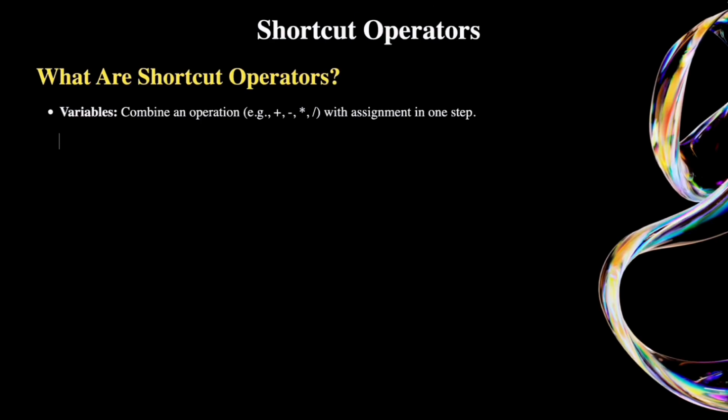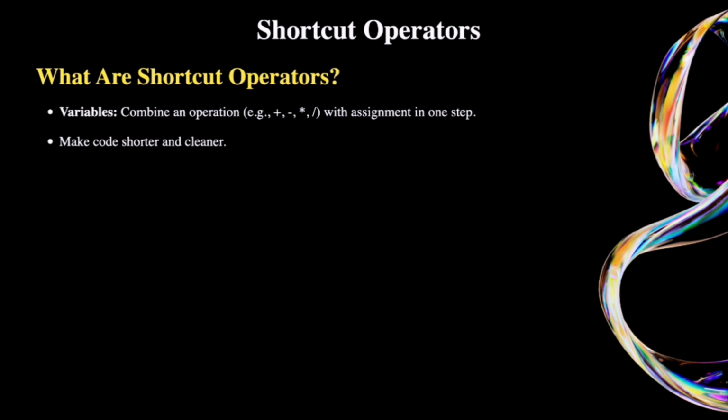Now let's talk about a very useful concept, which is the use of shortcut operators. When you need to update the value of a variable without writing the full expression, shortcut operators come in handy. They make the code short and clean. Shortcut operators allow you to combine an operation, like addition, subtraction, multiplication, etc., with assignment, all in one step. This means you do not need to repeatedly use the variable's name.